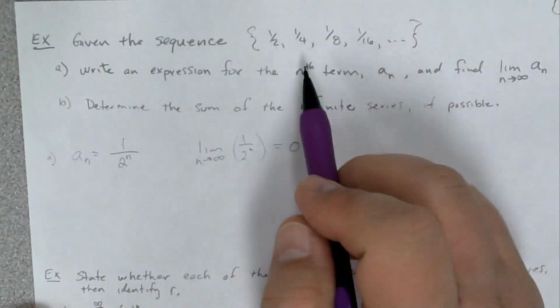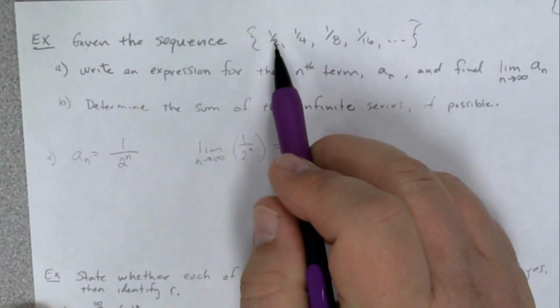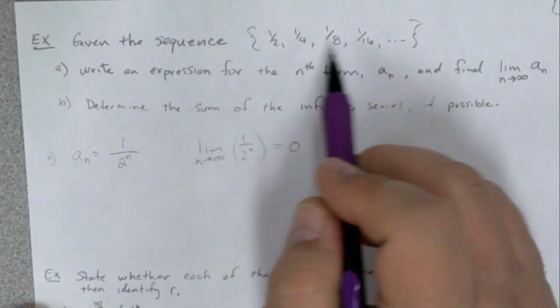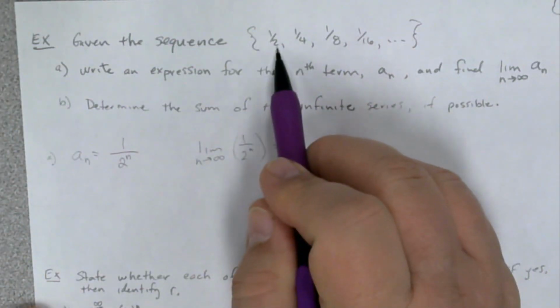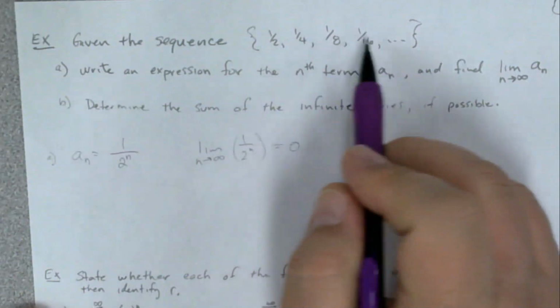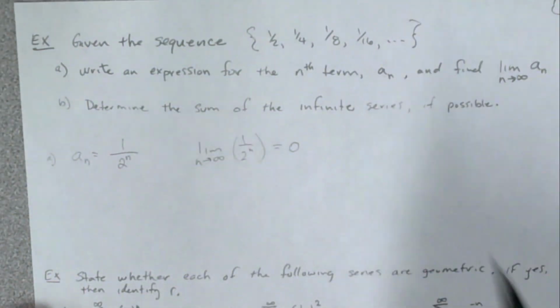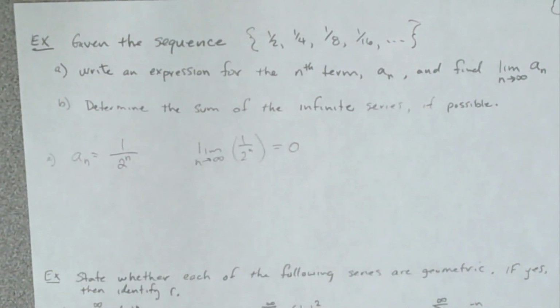So the thing to look out for is: is this a geometric sequence? Yes, because I am multiplying by the same quantity each time. It's geometric, so there's going to be a sum.